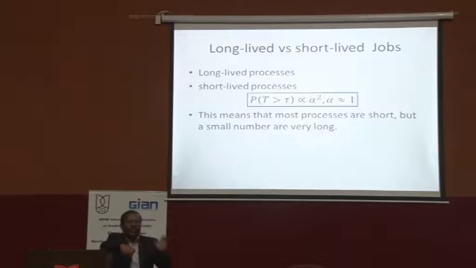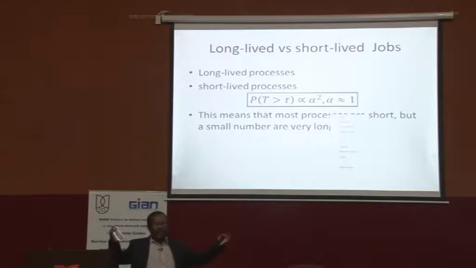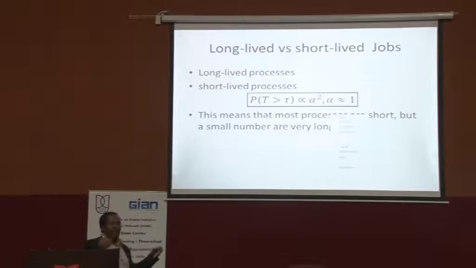The network is slow, or they are long-lived because they demand CPU more or whatever. Now, what this formula says is that you have a period of time. Capital T is a period of time.